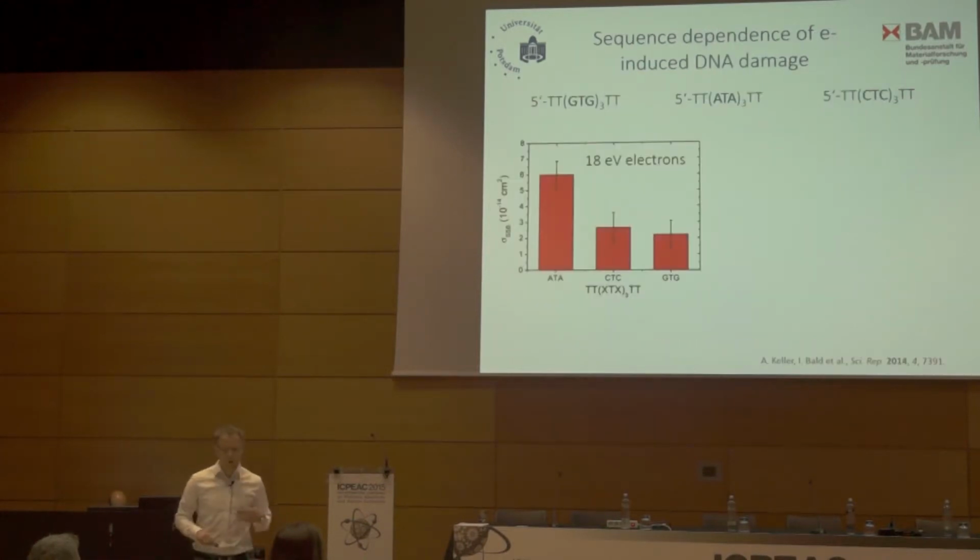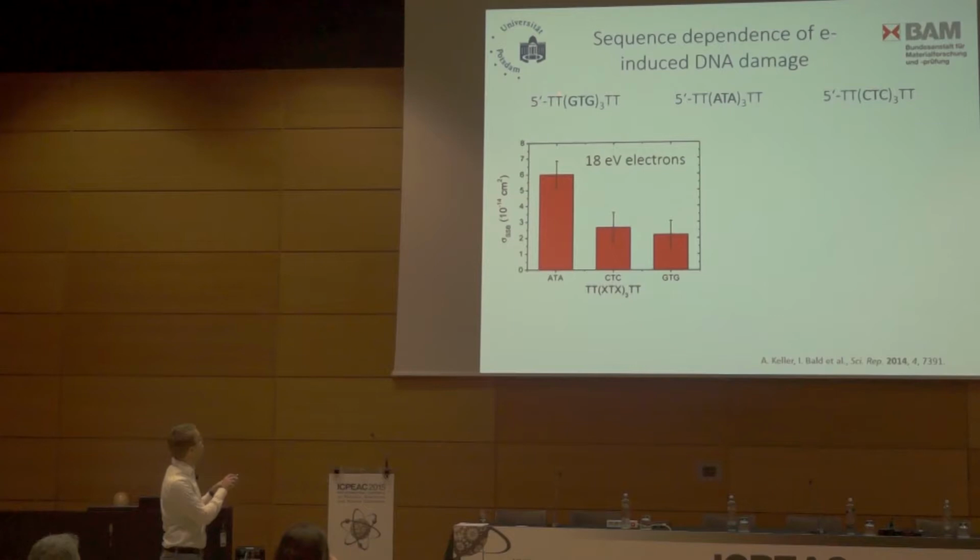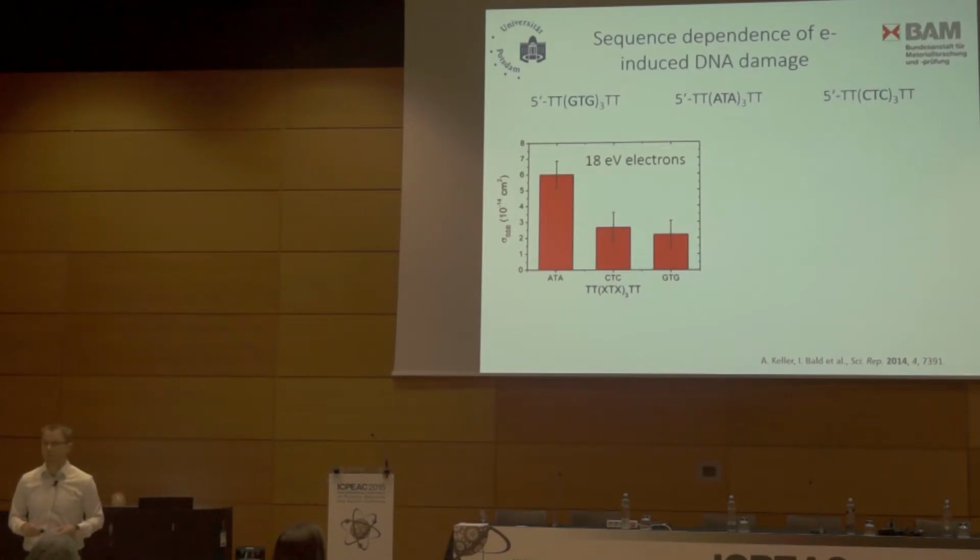In the next step we analyzed real oligonucleotides. We compared different sequences that contain, apart from thymine, also guanine, adenine, and cytosine, and we determined the cross-sections for strand breakage in the way that I showed before. We found that the adenine-containing sequence has a strand break cross-section that is about threefold higher than the guanine-containing sequence.